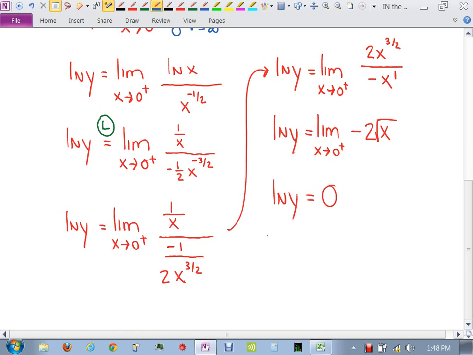No. I have to take e to both sides, right? E of natural log of y is y, and e to the 0 is 1. The answer is 1.